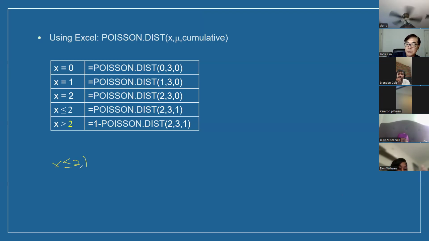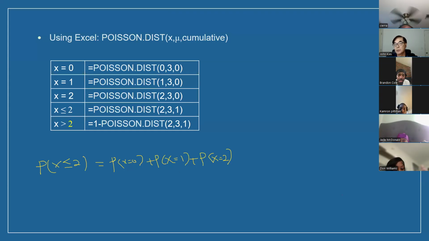P(X ≤ 2), including 2, equals P(X=0) plus P(X=1) plus P(X=2). So up to 2.